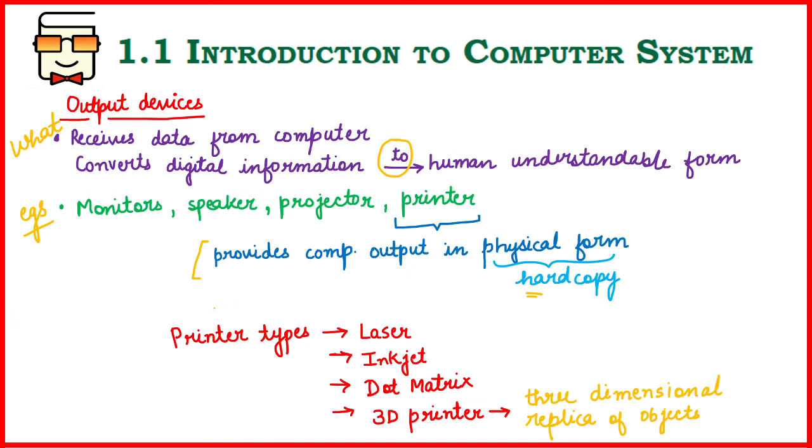And printer types, I have told you there are 4 important types of a printer. So you can mention these printer types in your exams also. Okay, and while explaining the 3D printer, you can mention that it creates 3-dimensional replicas or copies of objects. All right, so this was all for this lecture.